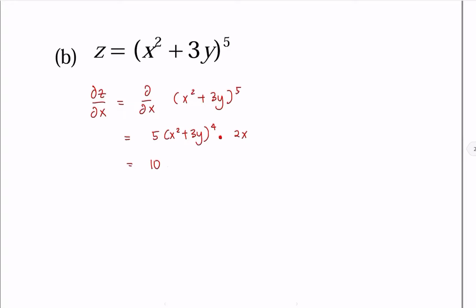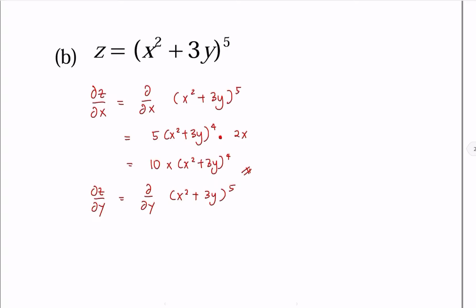So we have 10x times x squared plus 3y to the power of 4, after we simplify by multiplying 2 with 5. How about dz dy? Del y of x squared plus 3y to the power of 5.